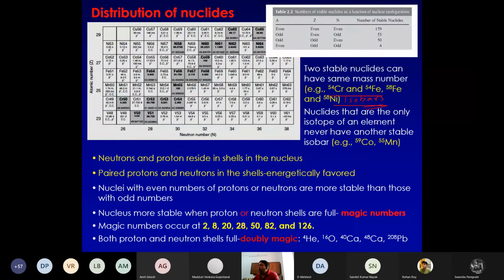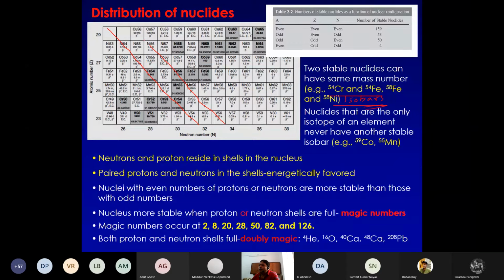So in the nuclide chart, all isobars lie along lines with a slope of -1 like this. You can make different lines like this passing through different nuclides.